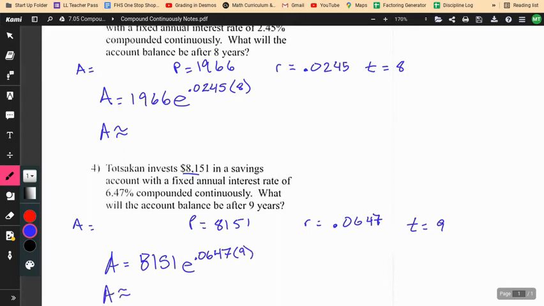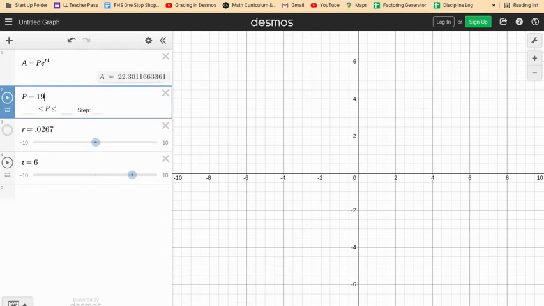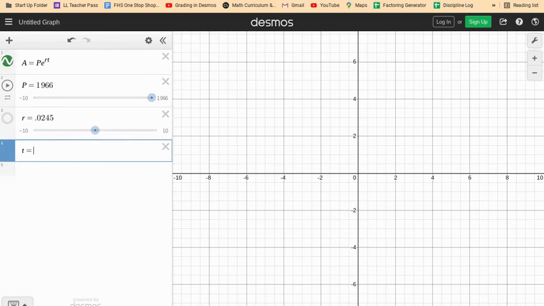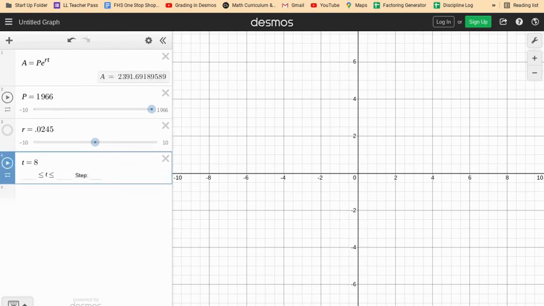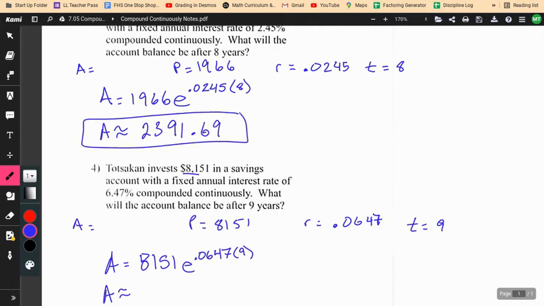And so what does that estimate to be? So in Desmos, come over here, 1966, 0.0245 this time. And this is now 8 years. So we have an estimated value for number 3, $2,391.69.